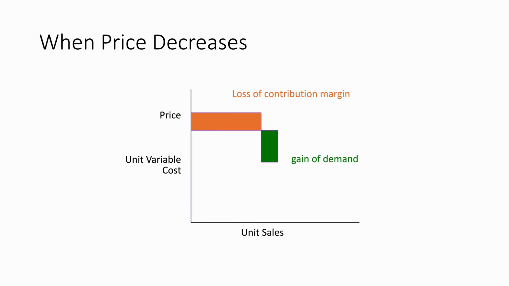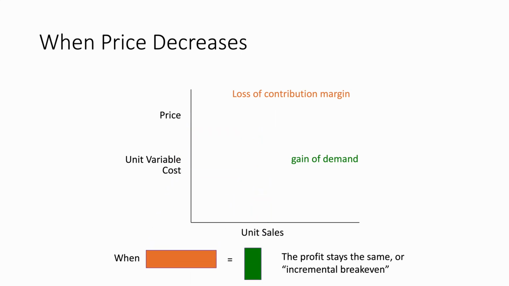An incremental break-even analysis is designed to examine the trade-off between the loss of contribution margin and the gain of demand. When these two blocks are equal to each other, we call this scenario incremental break-even. That is, the profit stays the same because the loss and the gain are equal. That's the scenario when the price decreases.